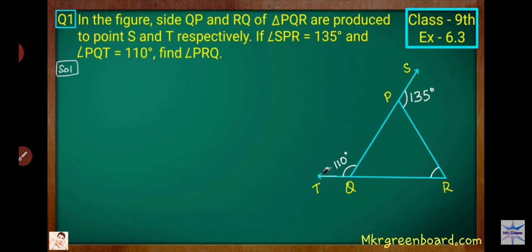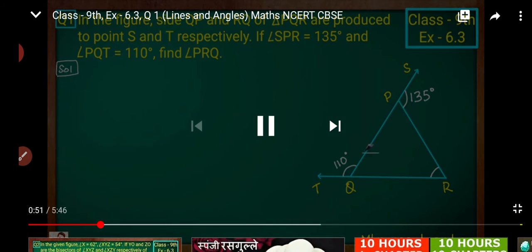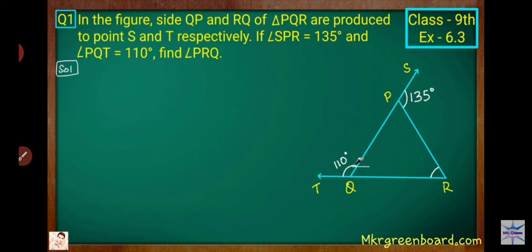Now angle P is 135 and angle Q is 110, and we have to find this angle R. It gives the external angles. If we find angle P and angle Q, then we can easily find angle R from the angle sum property of the triangle.